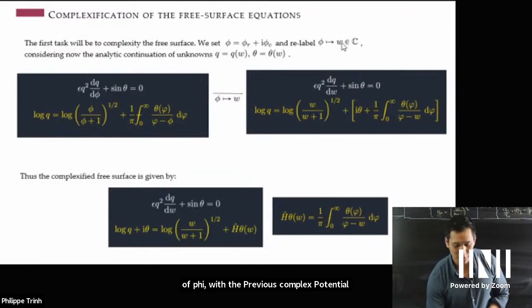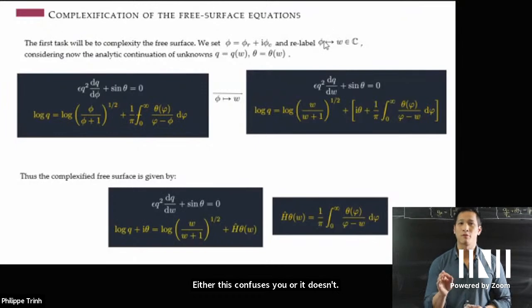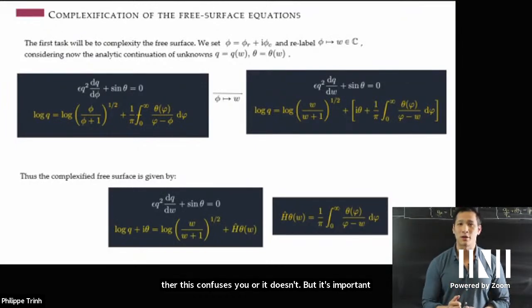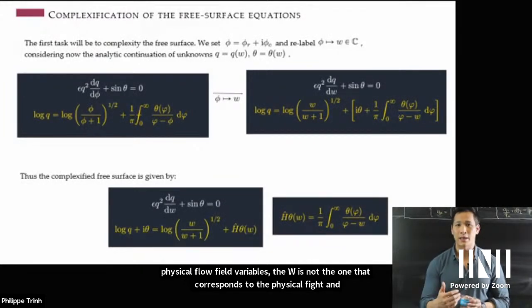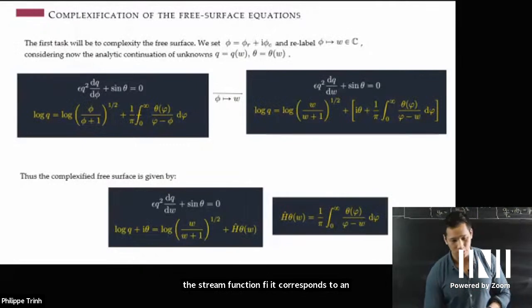It's important to remember that you're not operating with physical flow field variables. The w does not correspond to the physical potential and stream function. It corresponds to an analytic continuation of the free surface quantities. And now q and theta will be complex valued.